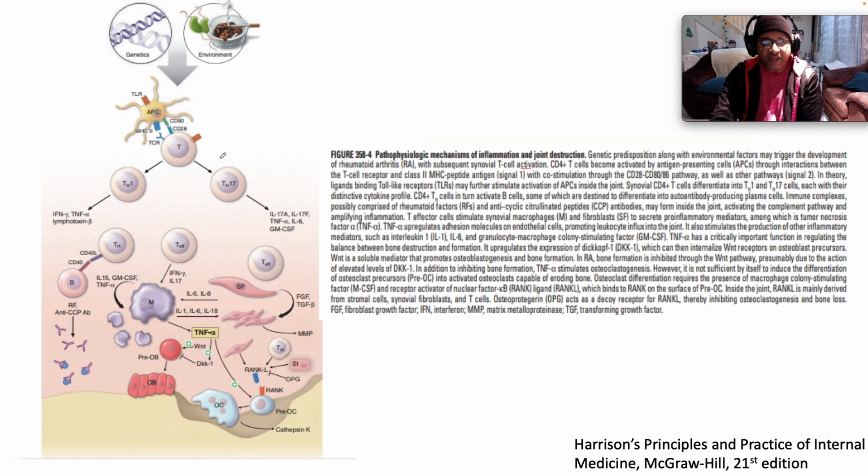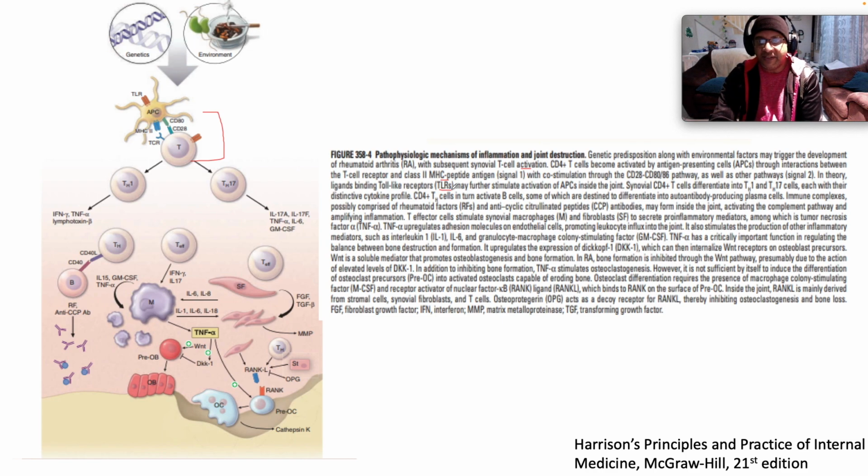CD4 plus T cells are activated by the antigen presenting cells, APCs, through interactions between the T cell receptor and the class 2 major histocompatibility complex peptide antigen, signal 1, with co-stimulation through the CD28 and CD80-86 pathway, as well as other pathways, which is signal 2. In theory, ligands binding our beloved Toll-like receptors, TLRs, may further stimulate activation of antigen-presenting cells inside the joint.